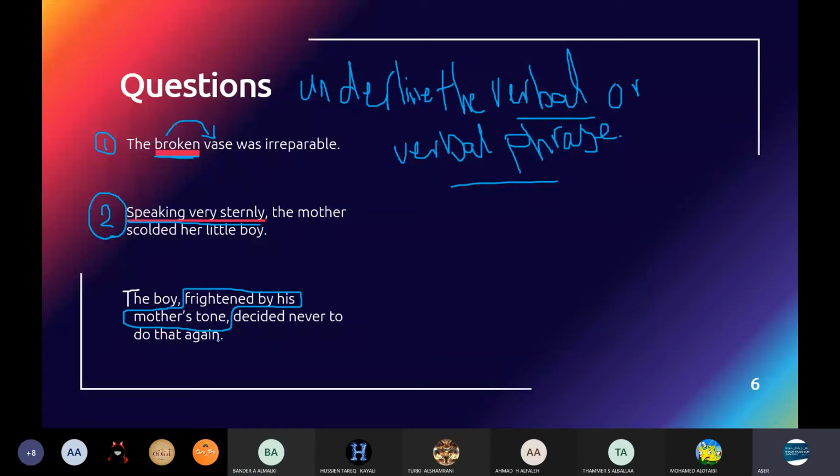How was the status of that boy? He was frightened by his mother's tone. So this is our verb phrase because this whole phrase describes how the boy acted or how the boy was. So it's just used as another part of speech. We had frightened, which is a past participle, referring to the boy, which is a noun. So we used it here as a verb phrase.